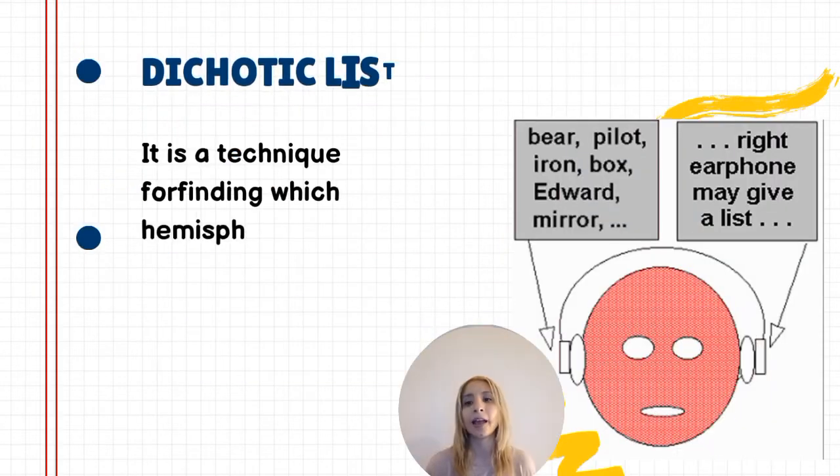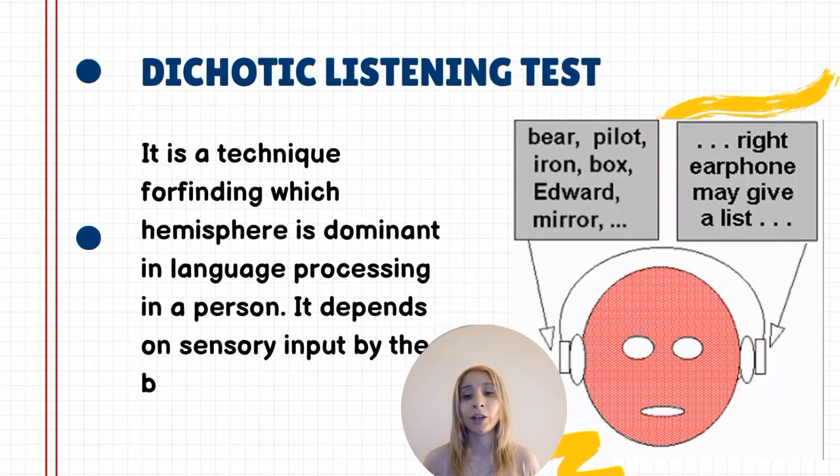This is the dichotic listening test, and my partner Maria Luz Avila will talk more about this test, and about the different problems or mistakes that occur when producing or encoding and decoding language.